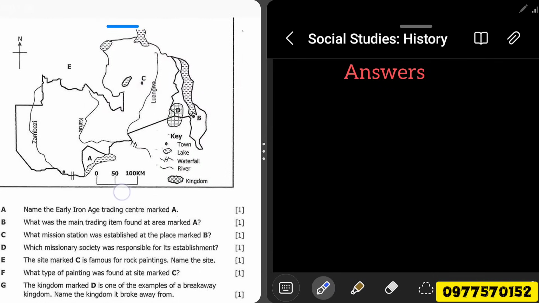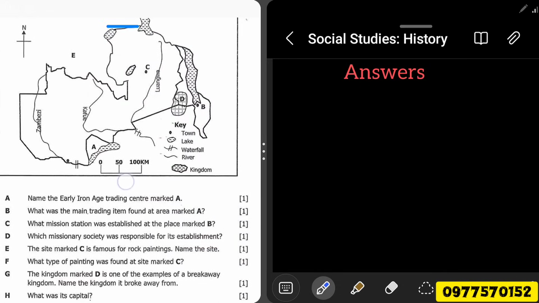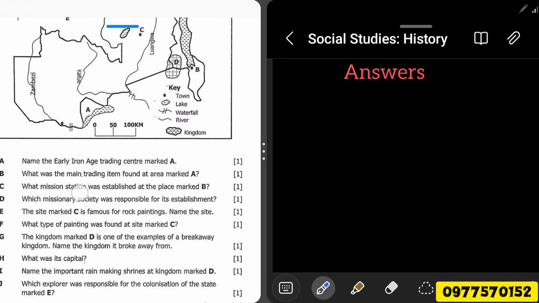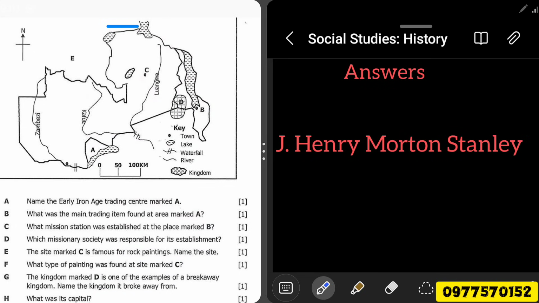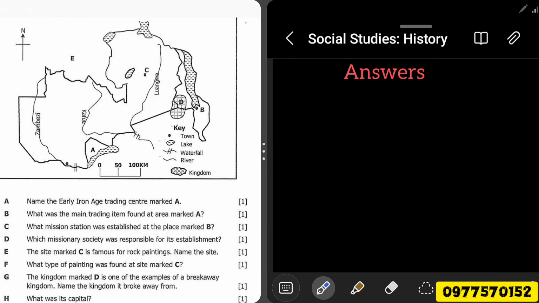So the explorer who was responsible for the colonization of the state E, Congo, was Henry Morton Stanley. And the country that colonized the area marked E was Belgium. So we're done with this question.